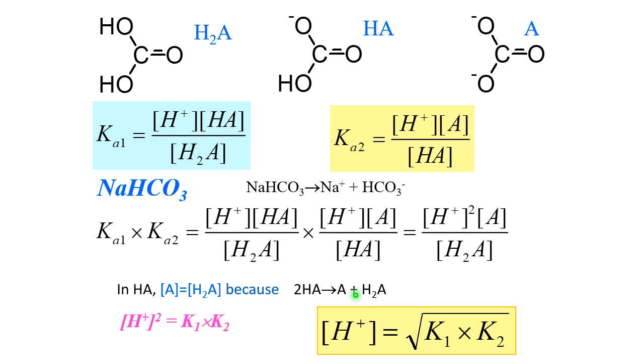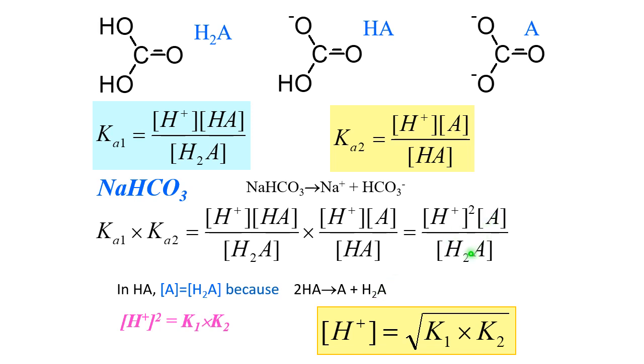Let's consider, when I have pure hydrogen carbonate, to make one carbonic acid, I need to take a proton from somewhere. So the only species I can take it from is hydrogen carbonate itself. So by making one carbonic acid, I am making one carbonate. By making one carbonate, I am making one carbonic acid, which means these two concentrations are identical, just from stoichiometry.